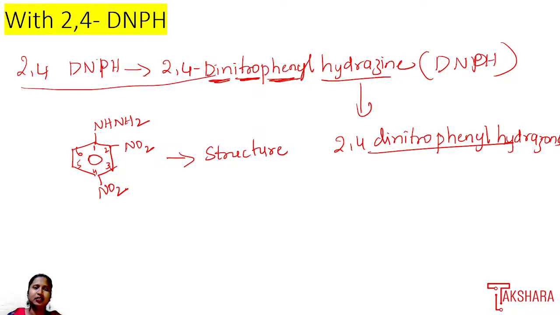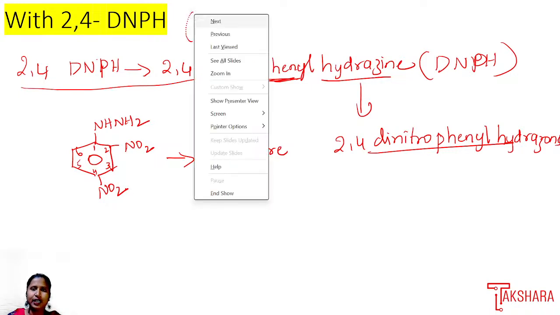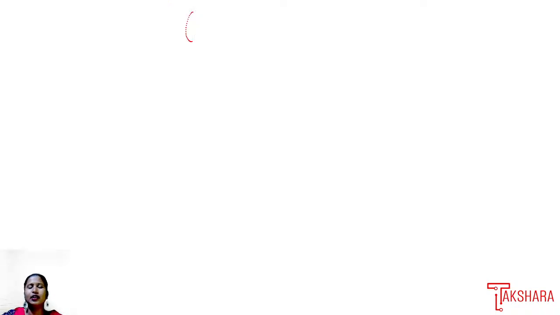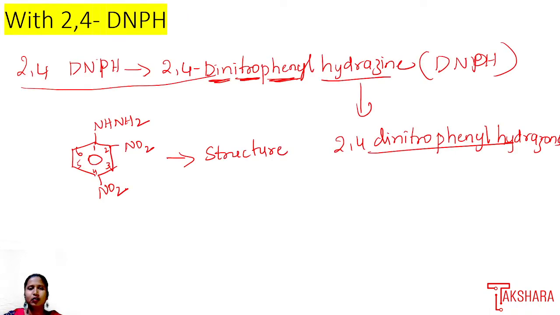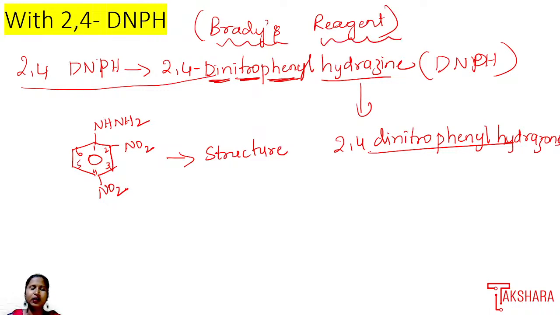And this 2,4-DNPH is called Brady's reagent. So 2,4-DNPH is called what? Brady's reagent, we consider it. So when aldehydes are treated with 2,4-DNPH, we get the product what? The 2,4-DNP hydrazine converts to hydrazone.